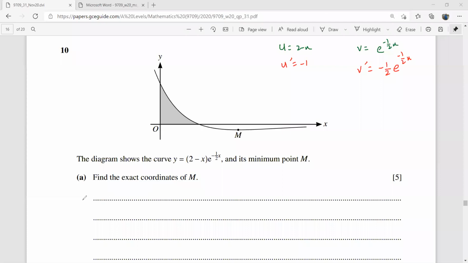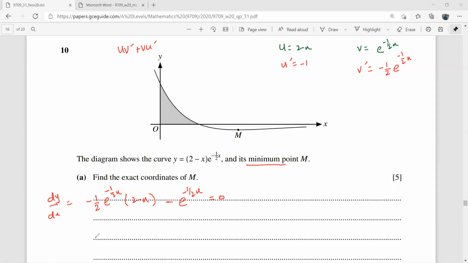So this dy by dx, that will be kept equal to 0. This is going to be uv dash plus vu dash. Okay, so uv dash is going to be minus half e raised to power minus half x into 2 minus x, and then vu dash, that is minus e raised to power minus half x, and I put that equal to 0 because I have to find that minimum point.